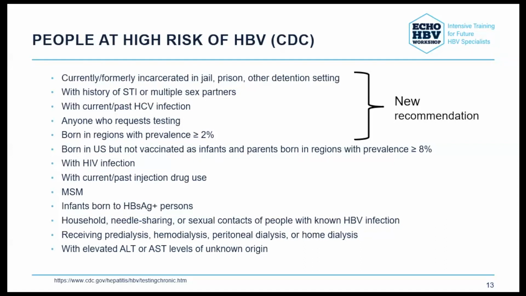For example, if a patient has a history of STD or multiple sexual partners, they may have co-infection with HIV or HCV, or other risk factors like exposure to blood products, etc. MSM, incarcerated persons, etc. Or if you have a patient who was screened before, but now has an unknown etiology or no other explanation for ALT or AST elevation, you should screen for hepatitis B again.